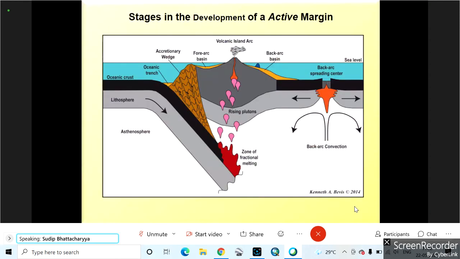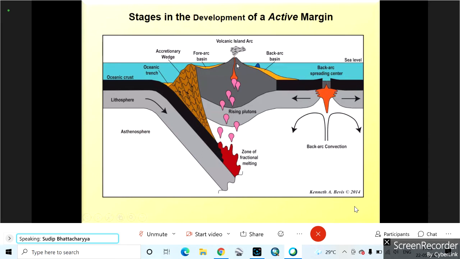Now stages of active margin, this is the subduction. Just I told you, accretionary wedges are there. You know all these things. So volcanic arc is going on. Just you see that in that depression, when the subduction is going on, the oceanic crust is going beneath your continental crust. A depression is there. It is called the oceanic trench. After that, volcanic arc.